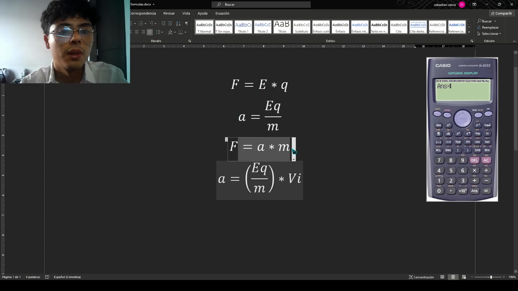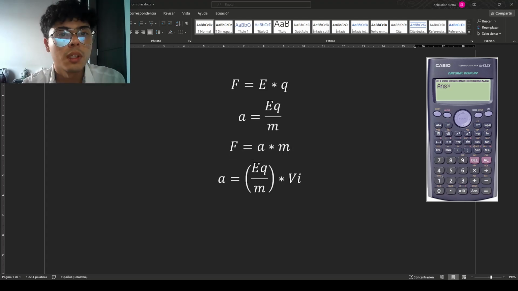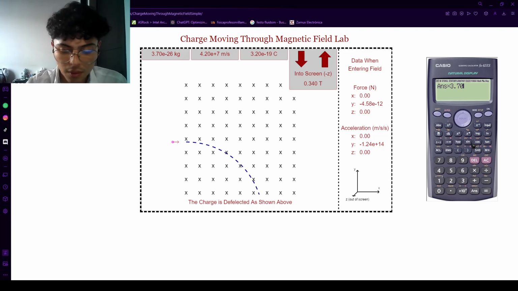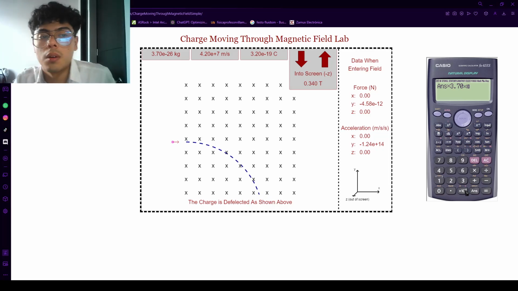The force is acceleration multiplied by mass. The mass in this case is 3.70 multiplied by 10 to the power negative 26 kilograms.